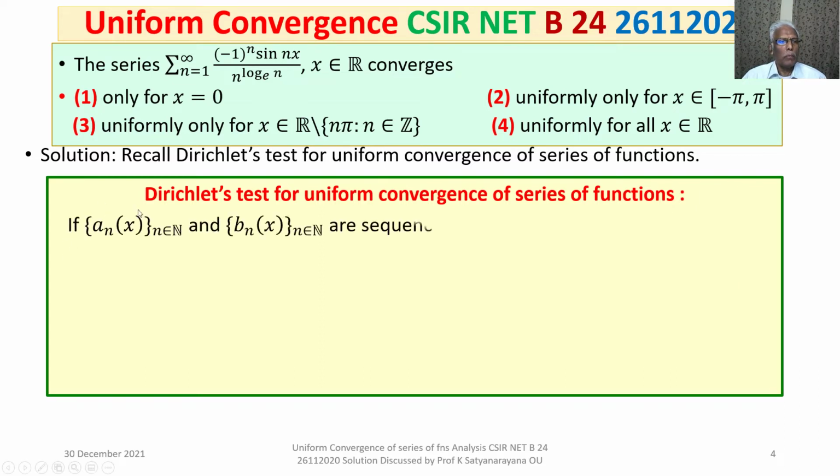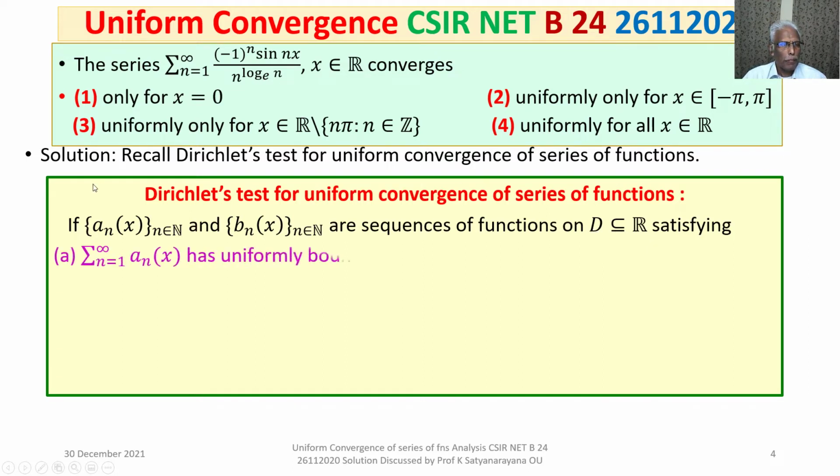If a_n(x) and b_n(x) are sequences of functions on the domain D, which is a subset of R, satisfying first condition, sigma n equals 1 to infinity a_n(x) has uniformly bounded partial sums.